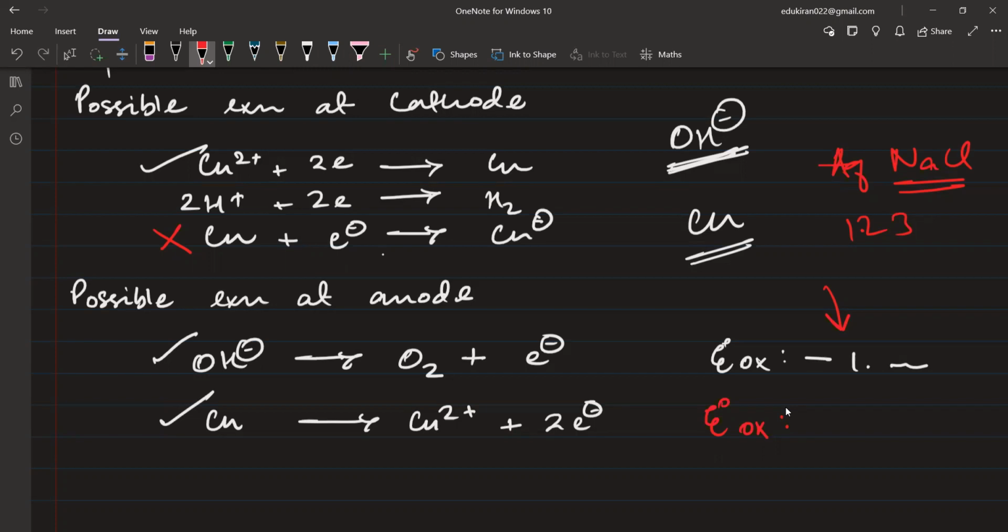You just need to change the sign of reduction potential to make it oxidation potential. Flip some pages and tell me what is the E naught oxidation of copper. Or rather, you can also tell me what is the E naught reduction of copper, and then I can convert it. Whatever you see first, please let me know. E naught reduction or E naught oxidation of copper.